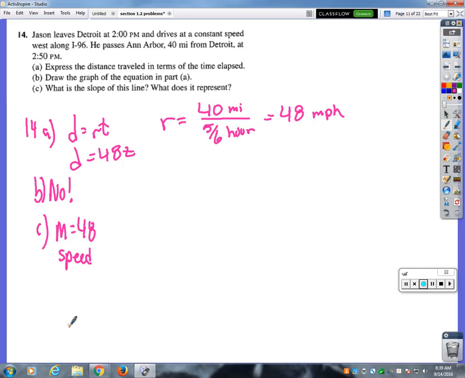What's the point of even drawing a graph? You don't use it. Anything else? What does the little t represent? Time, in hours in this case.